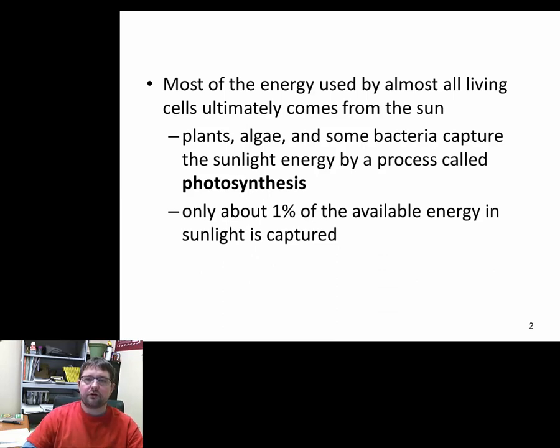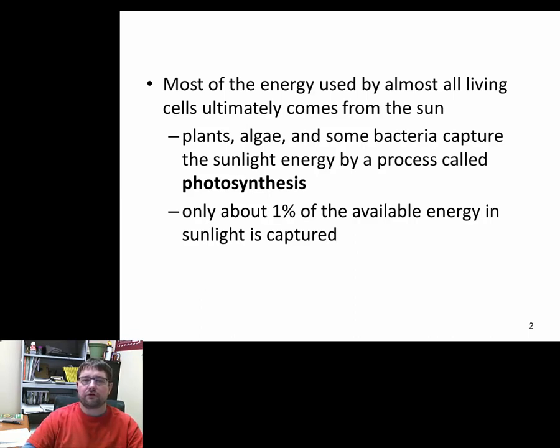Interestingly, and you'll probably hear more about this when we get into ecology, only about 1 or 2% of the energy that comes to the planet is utilized by organisms in the form of photosynthesis. Probably 45% is reflected back, and the rest is absorbed in some way: absorbed in ice, in rock, in water.